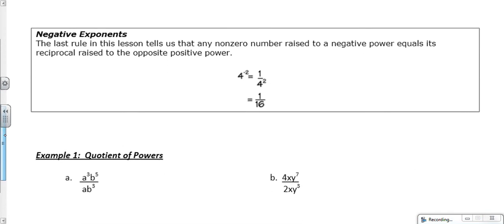Negative exponents are a notational item that actually means something else. If we have 4 to the negative 2 power, it actually means 1 over 4 to the positive 2 power. So the way I like to look at it is that if you see a negative power, it's telling you that it's in the wrong position of a fraction. So for example, 4 to the negative 2 over 1 is telling you that 4 to the negative 2 should not be where it is.